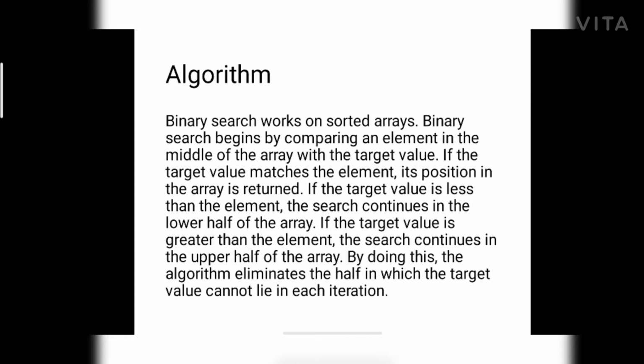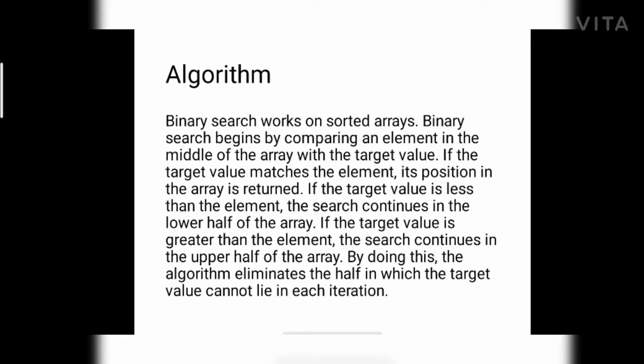If the target value matches the element, its position in the array is returned. If the target value is less than the element, the search continues in the lower half of the array. For example, in the numbers 1 to 10, if we want 7, the middle value is 5. 7 is greater than 5, so it eliminates the lower members of 5.